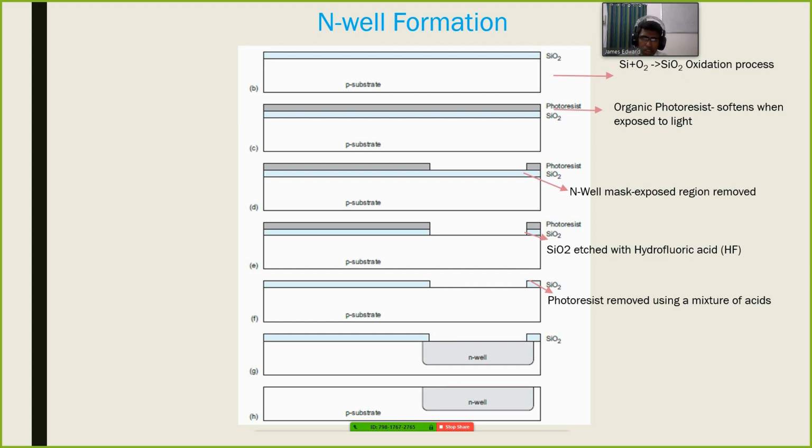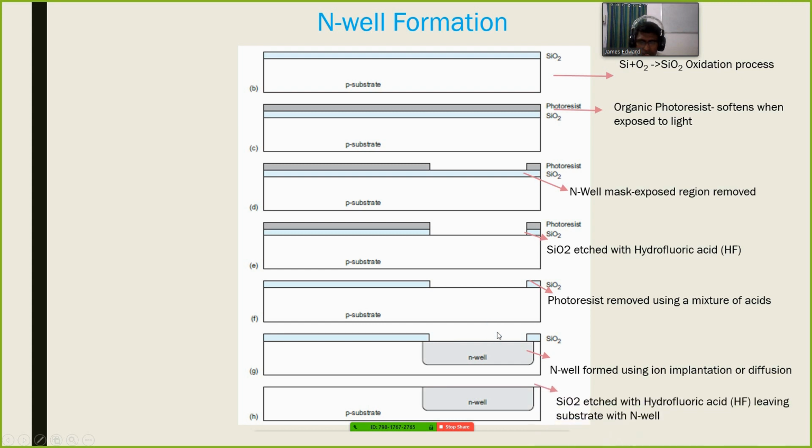And then we have the N-well formation, that is usually formed using ion implantation or diffusion. Finally, the SiO2 layer is etched using hydrofluoric acid, leaving the substrate and the N-well. So this is the N-well formation.